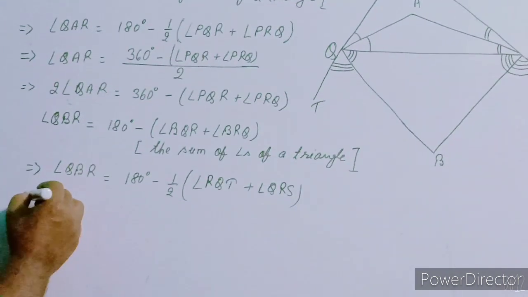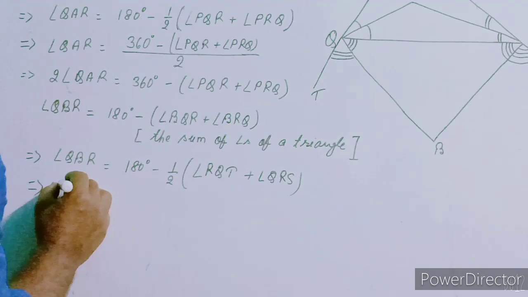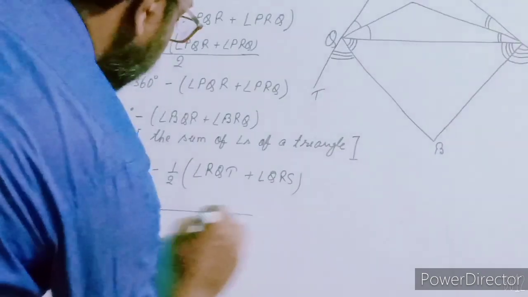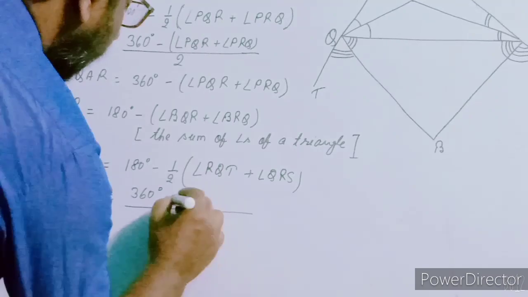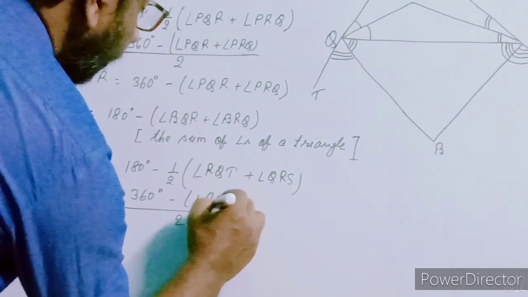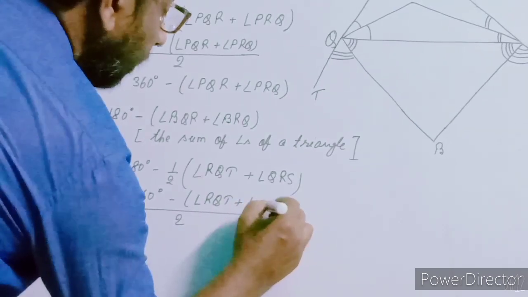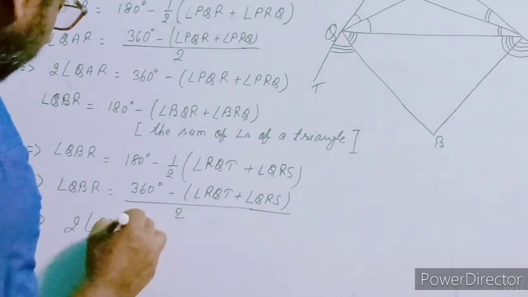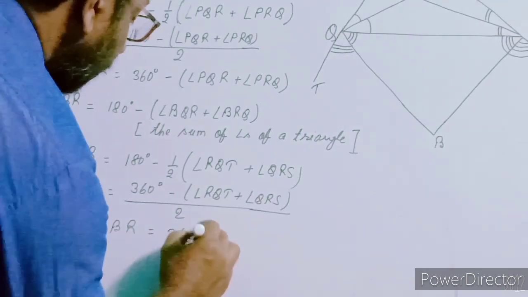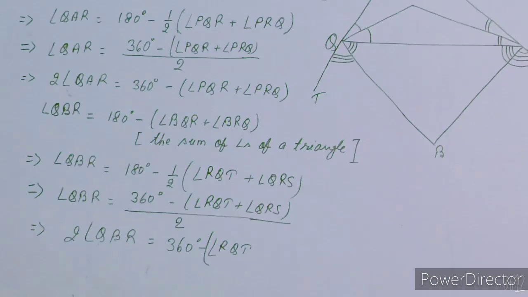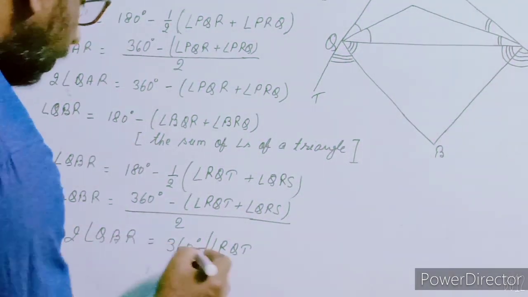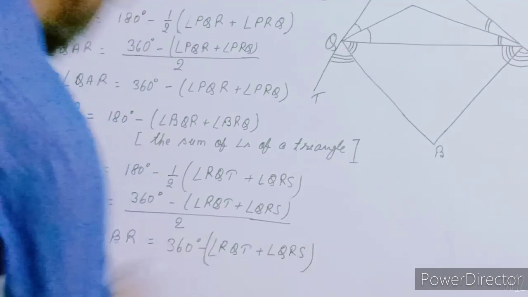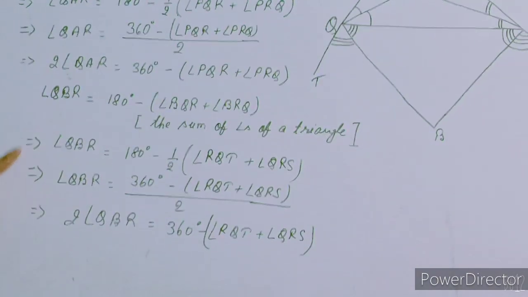And in this way we are getting angle QBR equal to LCM 360 minus angle RQT plus angle QRS, and this became twice of angle QBR equal to 360 minus angle RQT plus angle QRS. Here, this is the extended part.